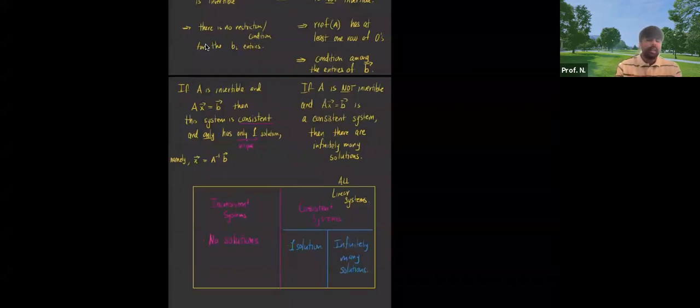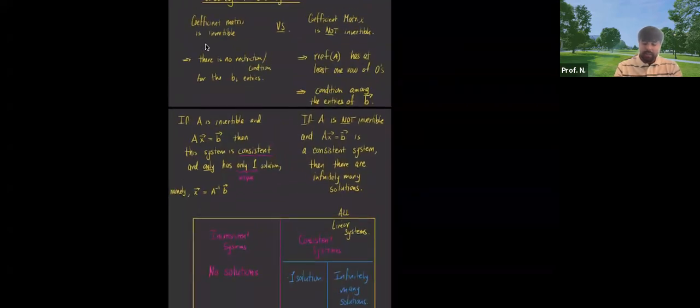There's nothing in between. There is no system that has exactly two solutions, or exactly only 10 solutions, for example. You either have 0, 1, or infinitely many, and there's nothing else.